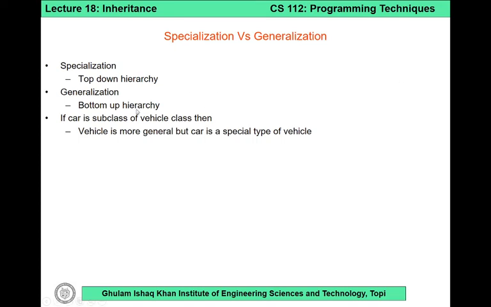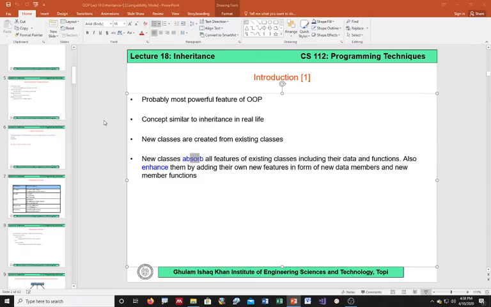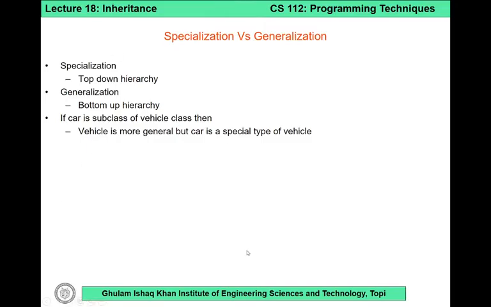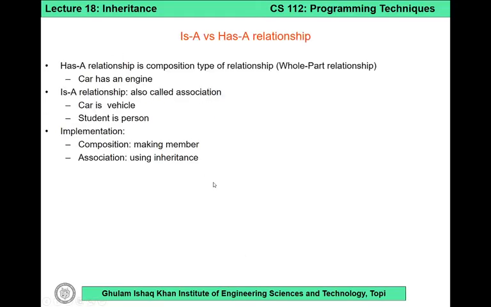Although I talked in detail about generalization and specialization, from the base class to the child class to the further child class and so on. From top to bottom, we go from generalization to specialization, and from bottom to top, we go from specialization to generalization, right? This thing I missed.